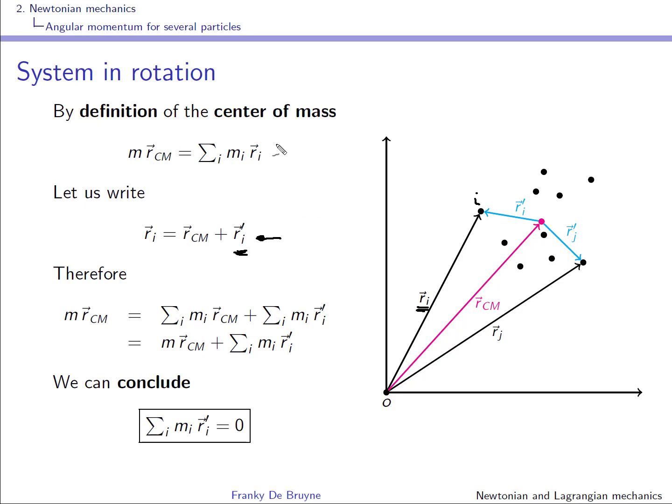So I'm starting from the definition of the center of mass. Remember that the position vector of the center of mass is this here divided by M. You can see it as the average position of each particle, averaged over each particle and weighted by the mass, right? So if I inject this one in here in the formula, this is what you obtain.